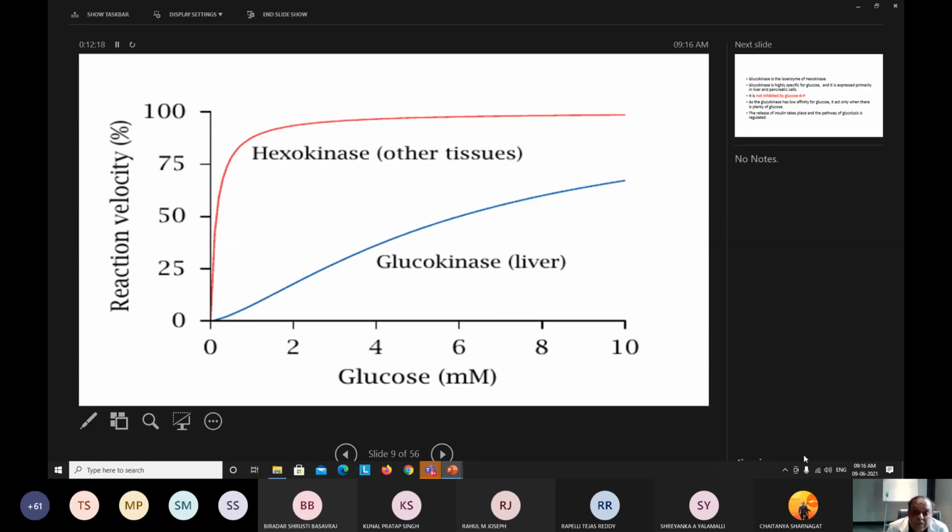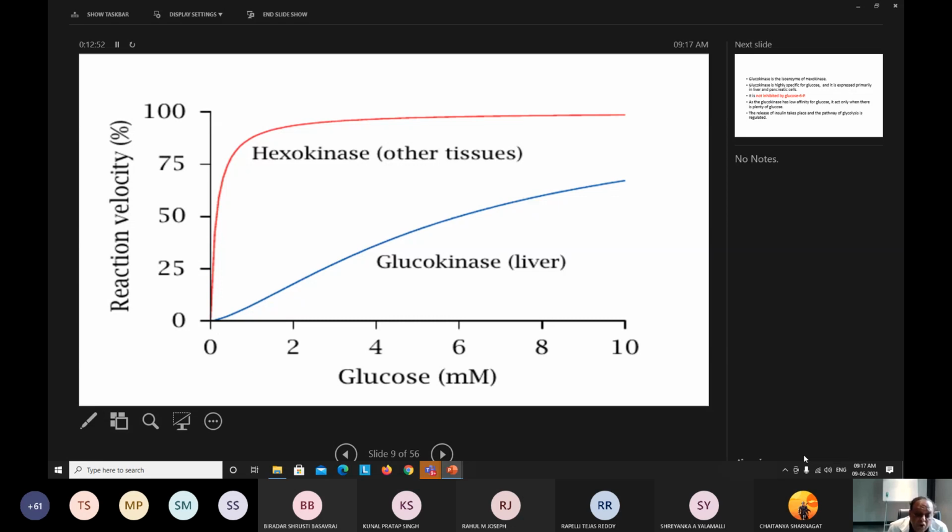In the slide with the graph, glucokinase, present in the liver and beta cells of the pancreas, acts on glucose when the glucose value is more than 100 milligram per deciliter, whereas hexokinase acts even if only a low amount of glucose is present.